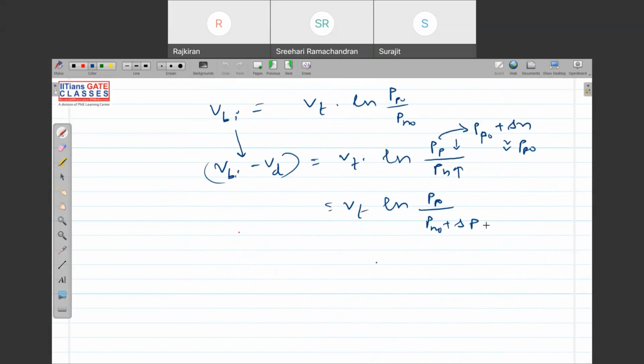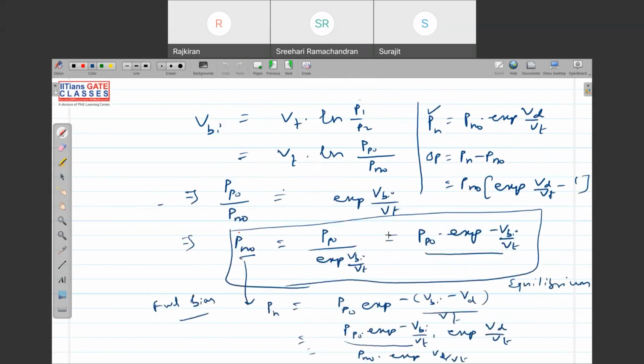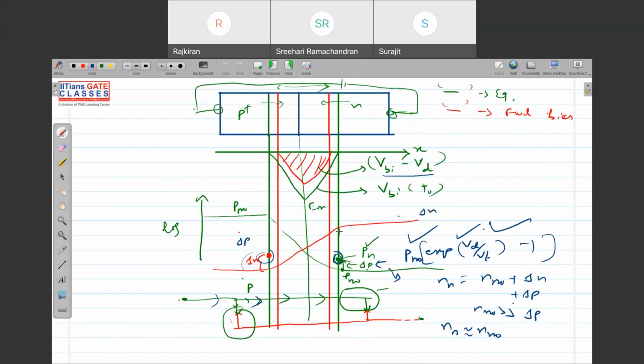And which cannot be neglected. So what I can say, if I go to forward bias, the minority carrier concentration is increasing. Clear? So now I got the minority carrier concentration at the junction.